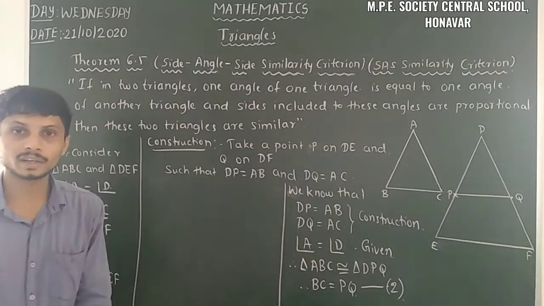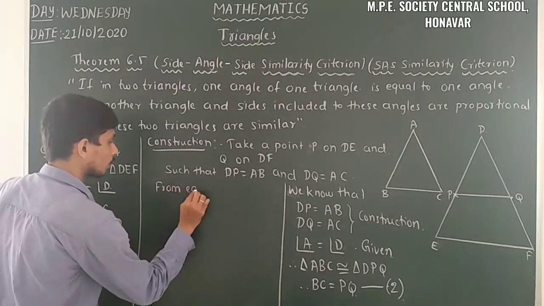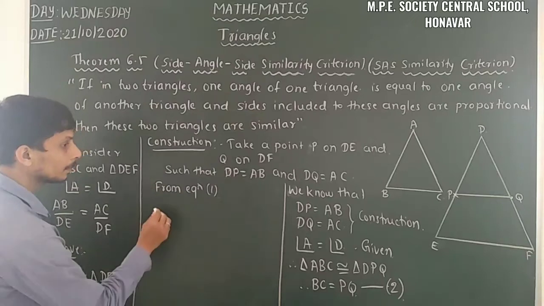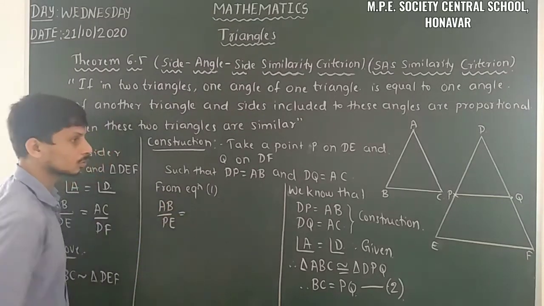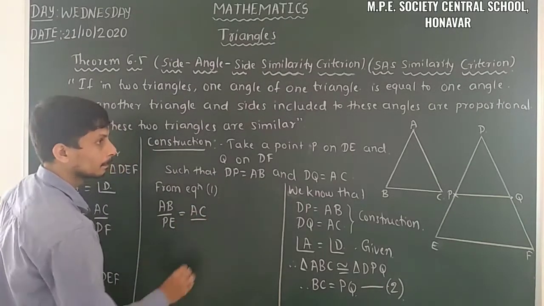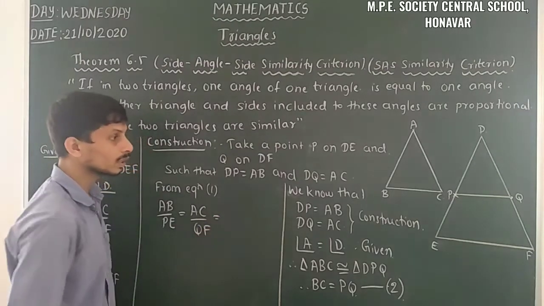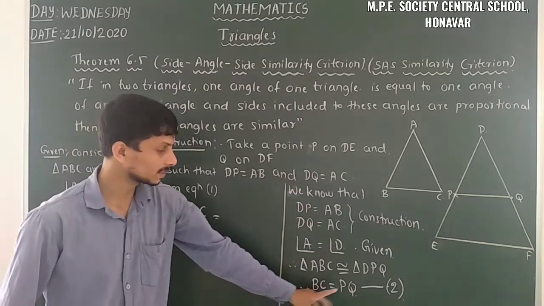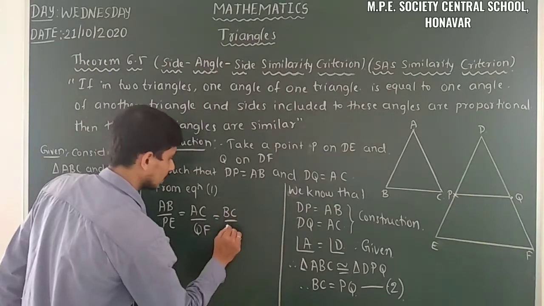Then from equation 1, AB by PE is equal to AC by QF is equal to PQ by EF, but since BC is equal to PQ, we take BC by EF.